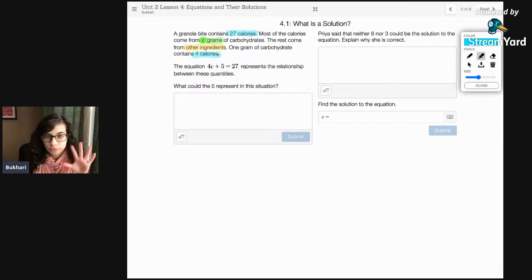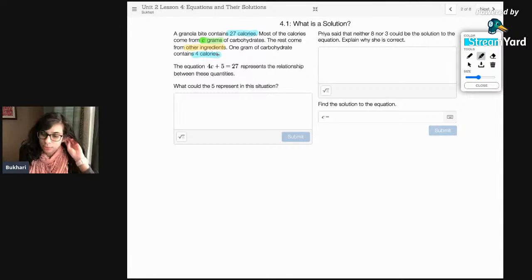So, okay, I have some 5 coming on there, equals 27. 27 is my total number of calories. So think about what 5 represents in that situation, right? You want to slow down and break down what each of the sentences in your problem actually represent, right? Moving forward, this is something that we'll practice and something you'll have to continue to do throughout Algebra 1 and moving forward in Geometry and Algebra 2.